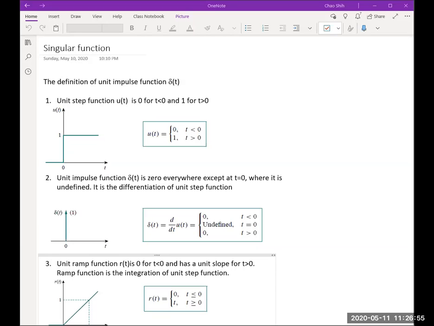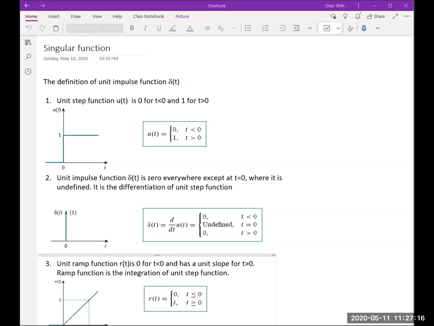The second important function we didn't pay a lot of attention to is the impulse function. Impulse function is important for sampling. I kind of told you the sampling idea, but I didn't fully explain how sampling works.